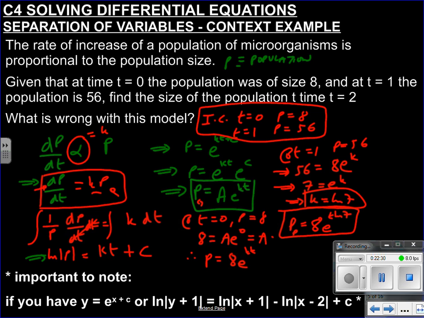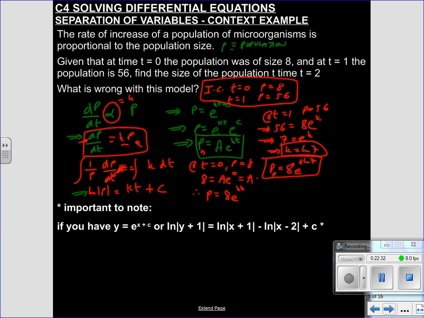So at t equals 2, population is going to be 8e to the 2 ln 7. And we get 392. There we go. Fantastic. So that's all of that part A.